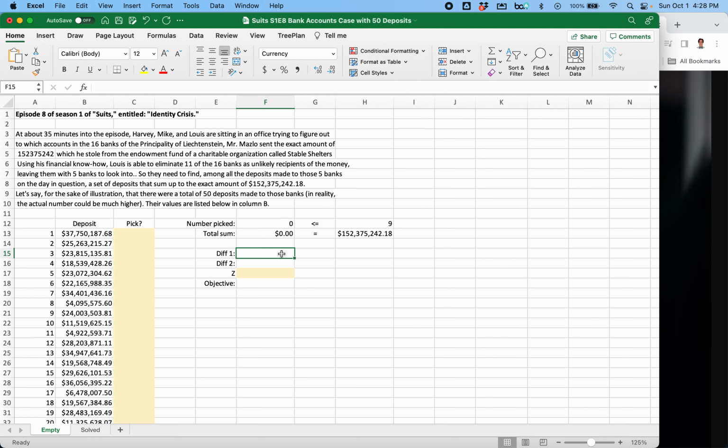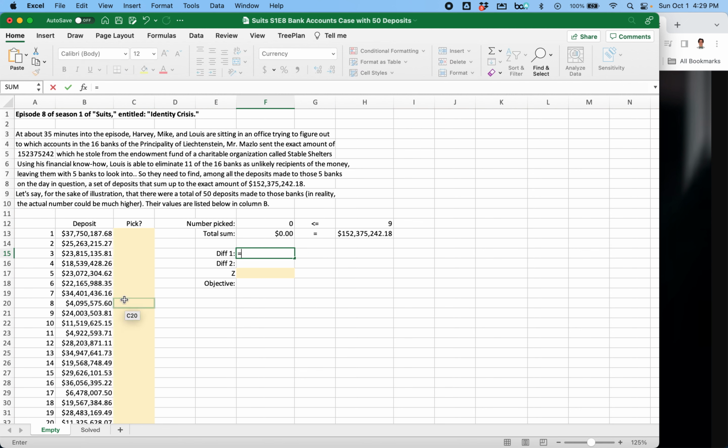Now, for technical reasons that I don't have time to explain here, it's going to be faster for the solver to solve this problem if I approach it from a different perspective. And let me show you what that is. Ideally, I would like the difference between these two numbers to be 0, right? If the difference between them is 0, it means I matched. So let me do this.